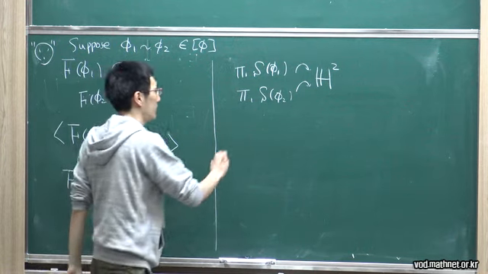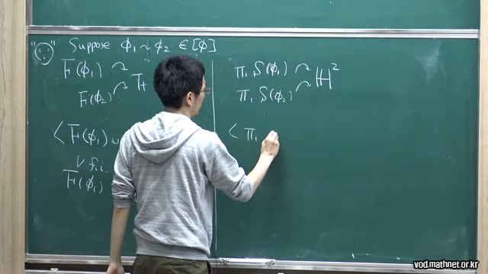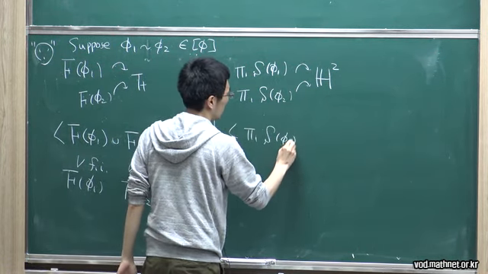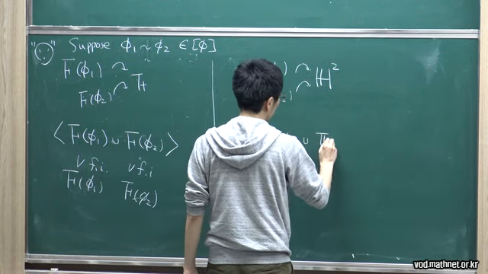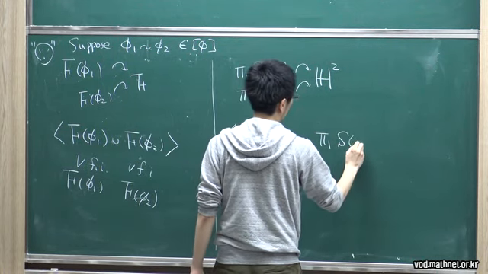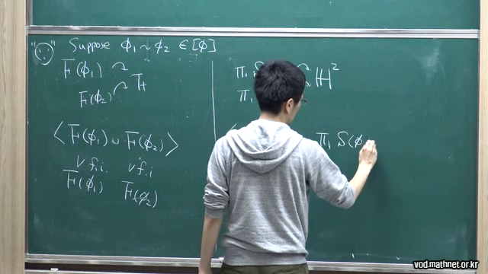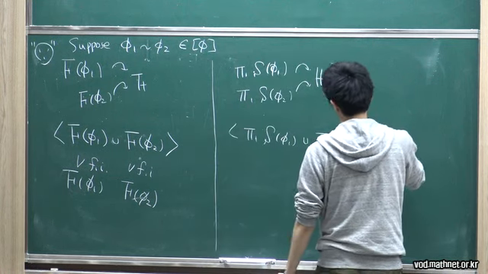And it's actually much easier to prove that this is a discrete subgroup, this is a Fuchsian group.